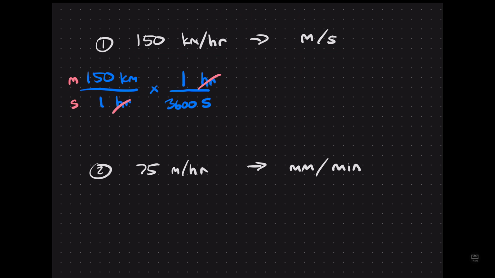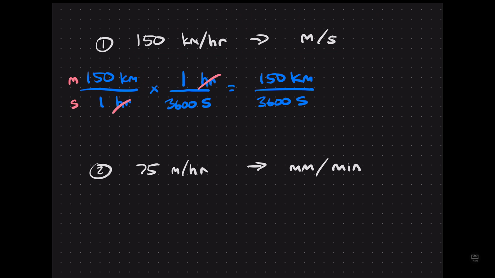Now, if I multiply this through, we're going to end up with 150 times 1, which is 150, and the units that are up top are still kilometers. And on the bottom, I would multiply this through and get 1 times 3,600, which is 3,600, and the answer is seconds. Okay, now we're not quite to where we want to get to.